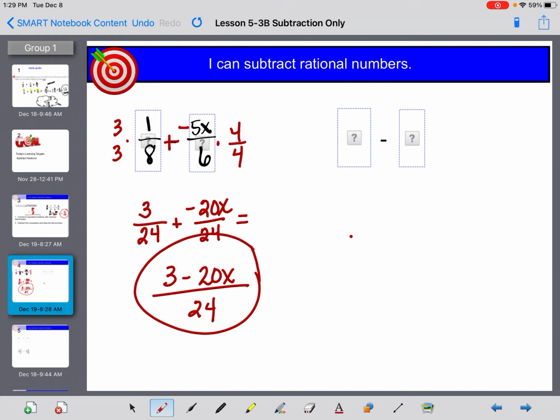The next one. 1/3 minus 1/4. The common denominator between 1/3 and 1/4 is 12. I multiply the first fraction by 4/4 and the second fraction by 3/3.